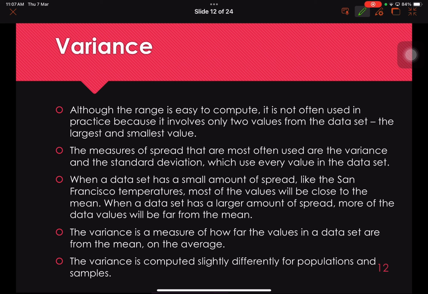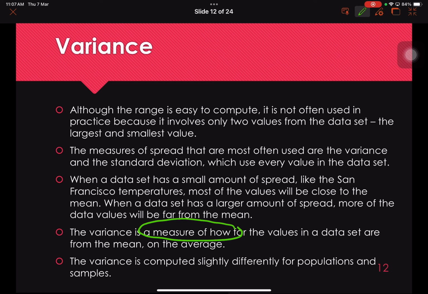So what is variance? We have definitions down there. The first point: the variance is a measure of how far the values are. If you want to know how far the values are, we need two points, then we can know the difference between the two points.